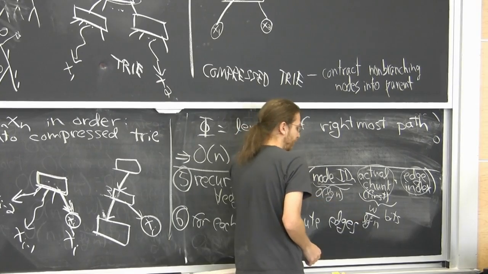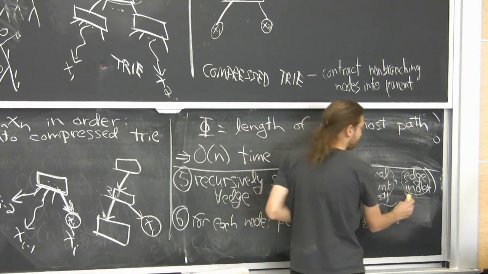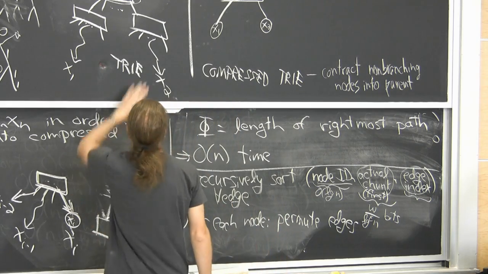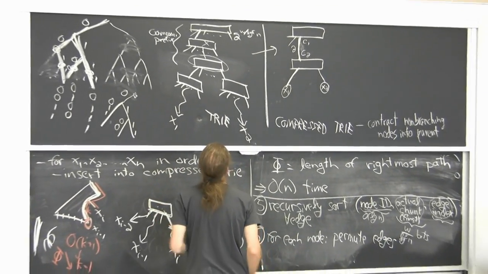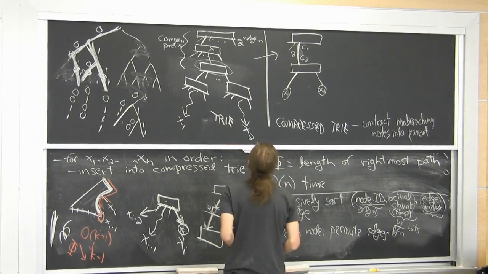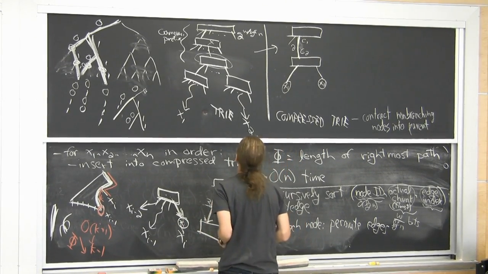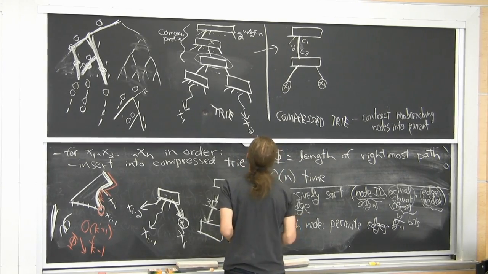The edge index, how many different things were there? Is it also w divided by log^ε n? I guess so. Depends how you count.